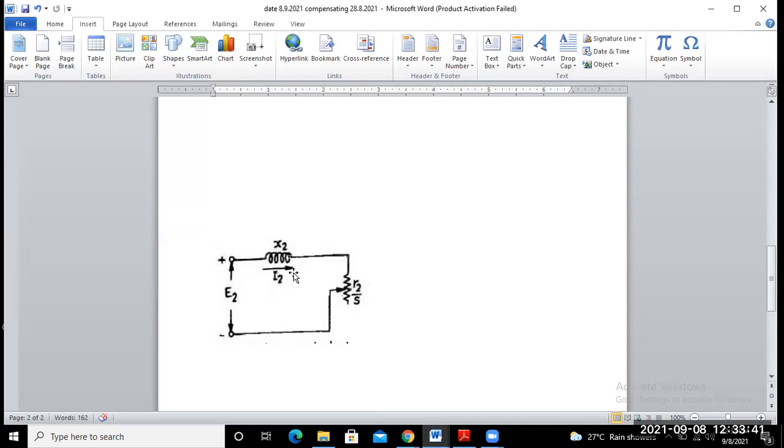This is how much the rotor current lags the rotor EMF induced voltage E2, and we can find the angle as in an RL circuit.